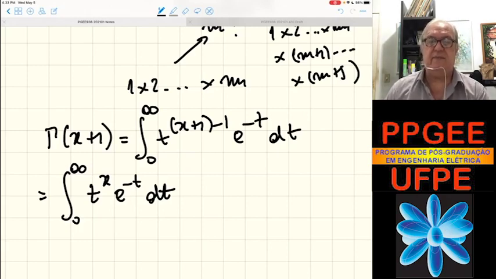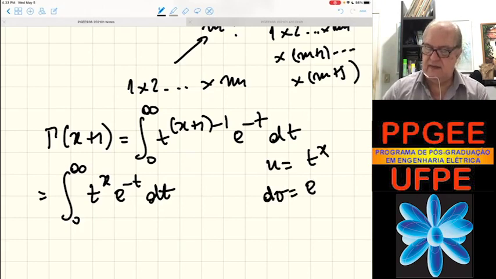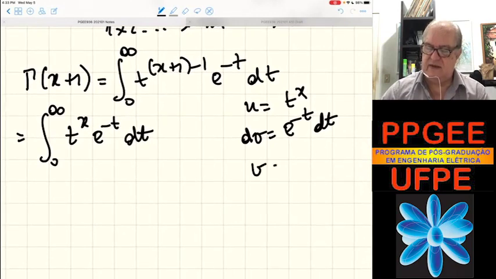Then I can do it by parts. We call u equals t to the x, and dv equals exponential of minus t dt, which gives us v equals minus exponential of minus t.